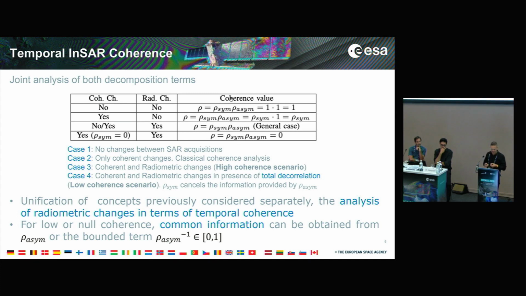So this very simple piece of theory allows us to connect the changes we can detect from coherence and the changes we can detect from radiometry. At the end, we are able to combine the two sources of changes under the same mathematical framework. And as I said before, we have this asymmetric term that can be used to extract information about changes in low or even very low coherence scenarios.